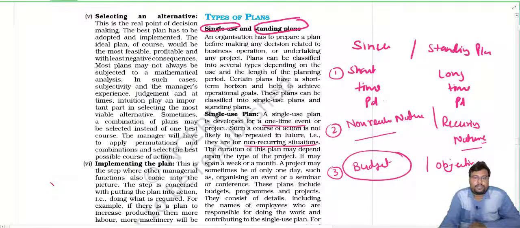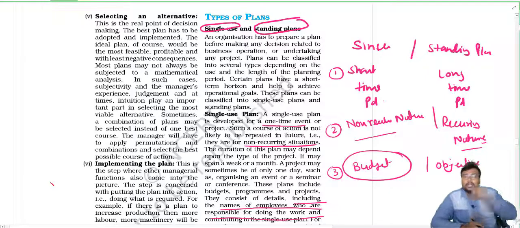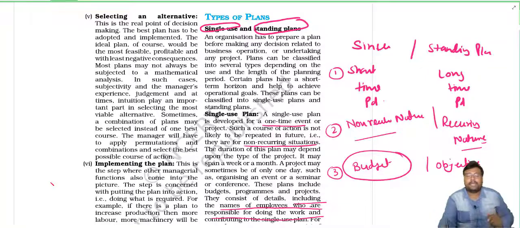And the most important thing: in the single use plan, who is responsible for that particular plan is already mentioned. So it includes the name of the employee who is responsible for doing the work. Please write down these 3 lines in your notes. How will we write the notes?